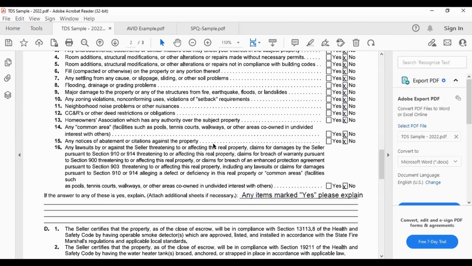Because a good agent for the buyer and a good buyer are going to do their, you've heard of the term due diligence, their deep dive into the property. And they're going to find things out that you may not know as a listing agent, and you can get caught off guard. You can get caught with the buyer's agent when they know more than you about your own listing. That's not a good feeling right there.